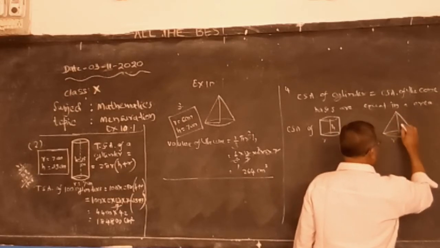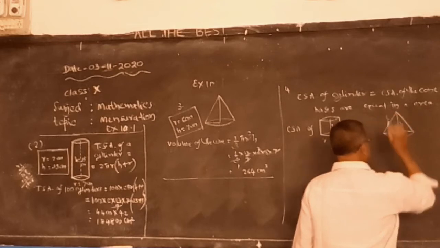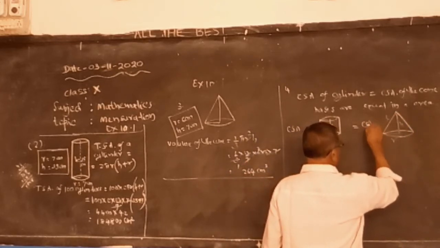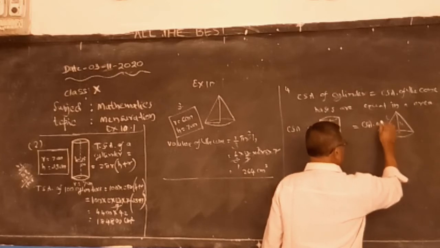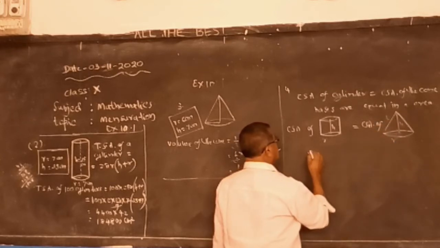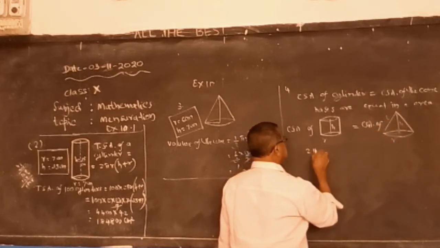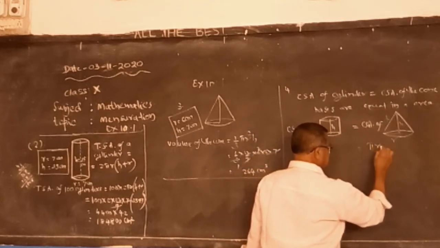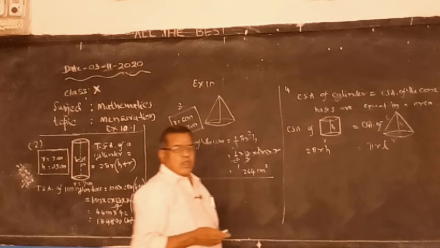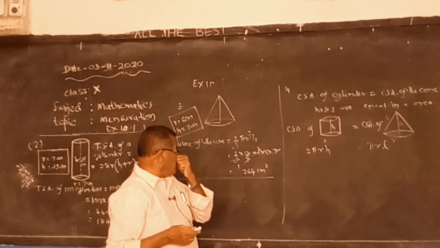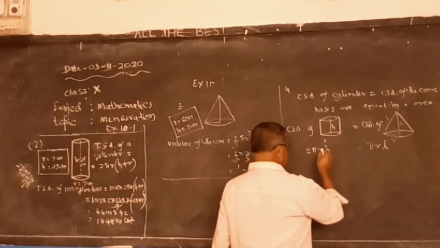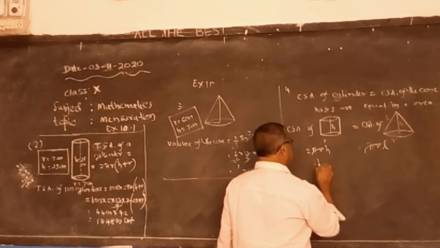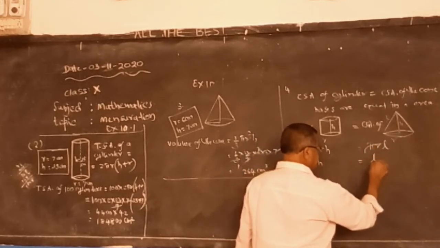R is equal, this is H, this is L. The formula: 2 pi r h is equal to pi r l. The radius is equal, so pi r cancel. 2h is equal to l.